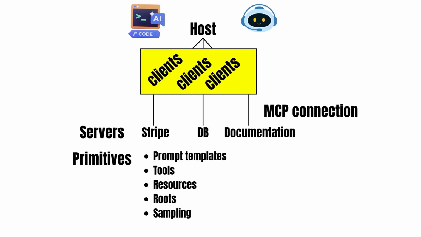The roots are secure file system access that is set up by the client so that the model can only open the files that you allow. This is really more enterprise driven. I have used MCP more than a couple of times, but the root, at least for my use cases, has not been one that I've used. But the last one is something that is extremely useful here.